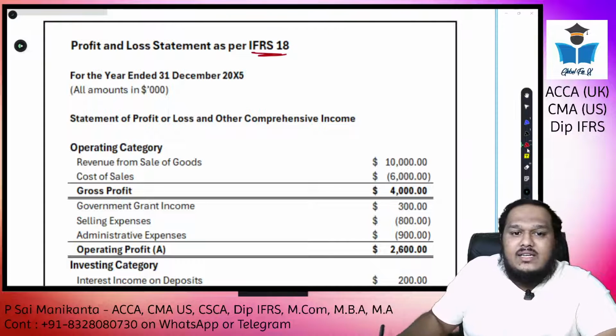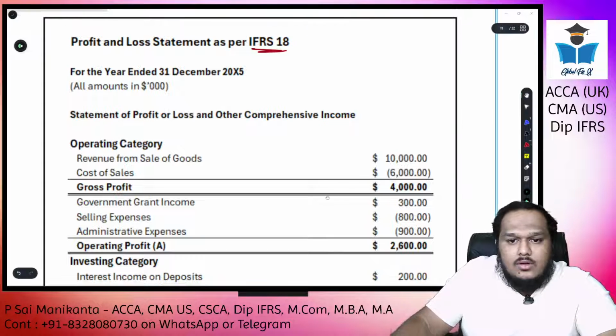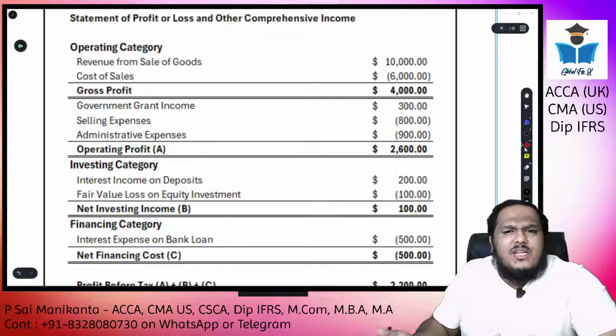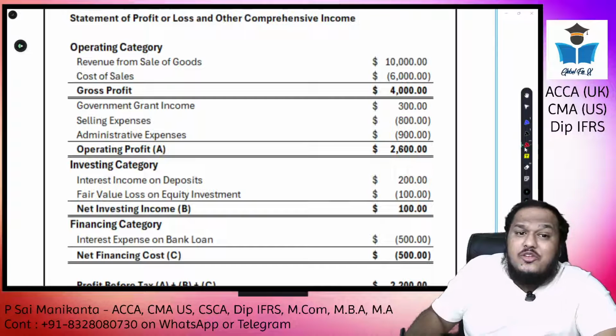IFRS 18 for the year ended 31st December 2025, all amounts in thousands of dollars. The statement of profit and loss is given. So you have your revenue from sale of goods minus cost of sales. That is the same thing, sir? Yes, revenue, but instead of calling it just revenue, we call it revenue from sale of goods.